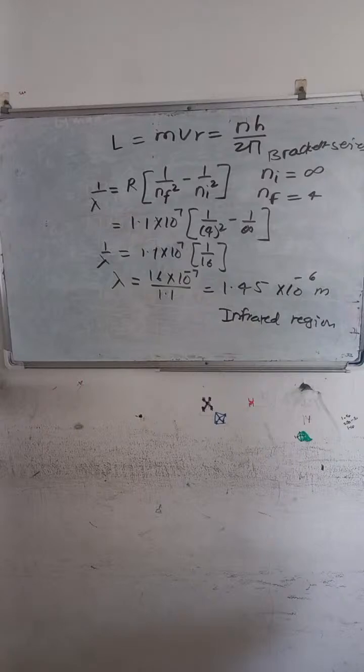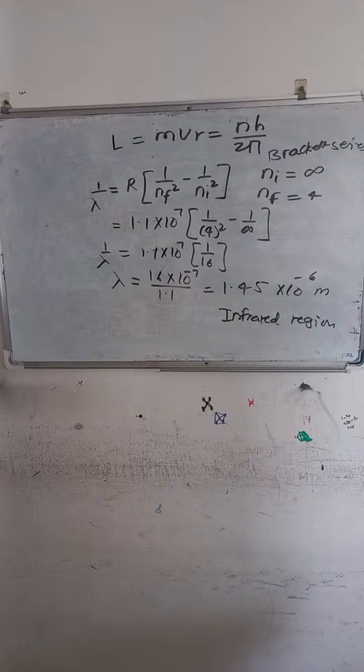Here initially it is at the ground state, ground means 1, and it is excited to the third excited level, that means n is equal to 4. So they are asking to estimate the frequency of the photon.